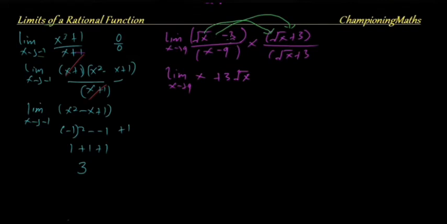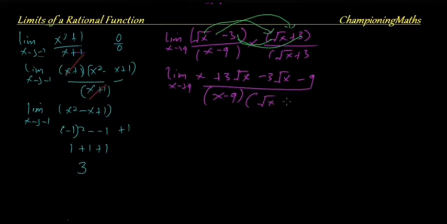Again, when you multiply minus 3 by square root of x, that will give us minus 3 square root of x. And finally, when you multiply minus 3 by 3, we'll be having minus 9. Now, for the bottom, we leave it as it is. So we'll be having x minus 9 multiplying the bracket square root of x plus 3.